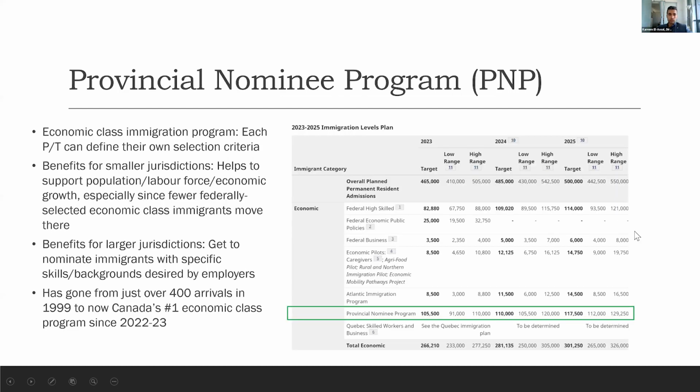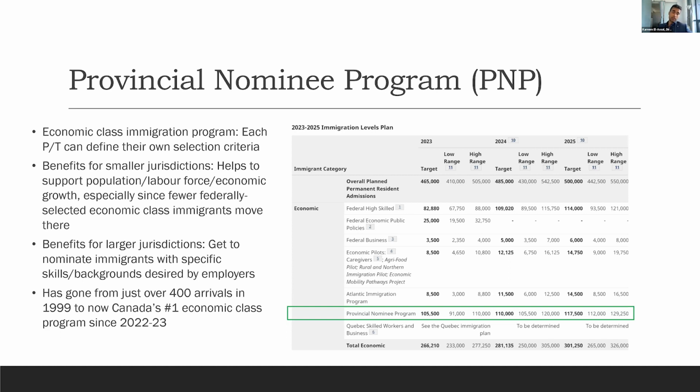Now, just to underscore how prominent the provincial nominee program is, as of last year, 2022, it was the first time in our immigration system's history that the PNP now accounts for the majority of economic class immigrants that are admitted into Canada.